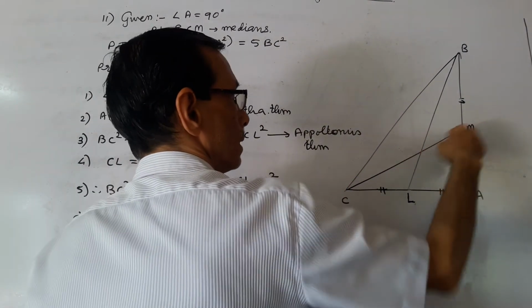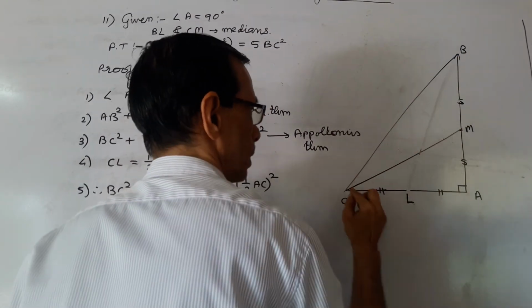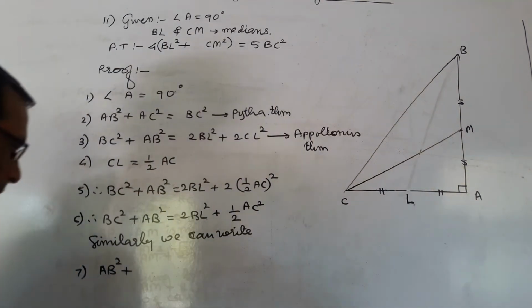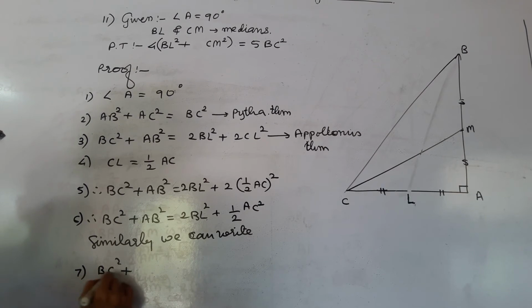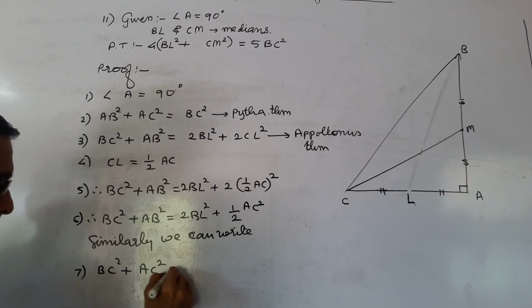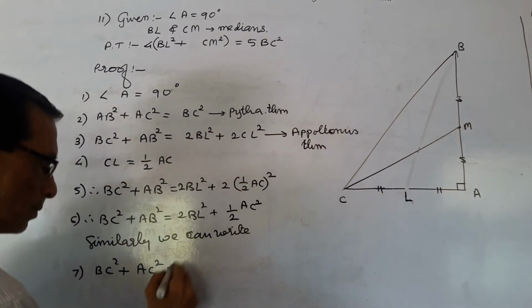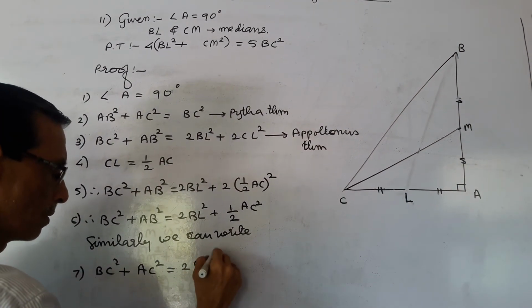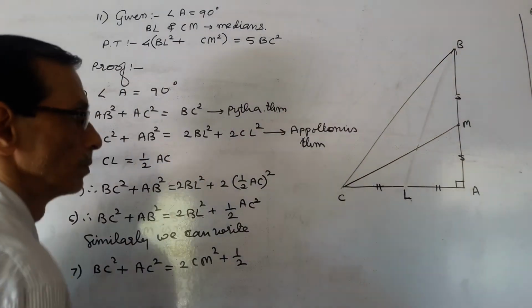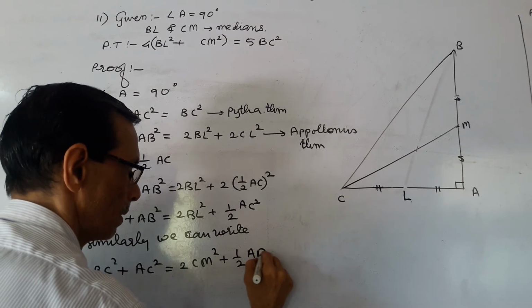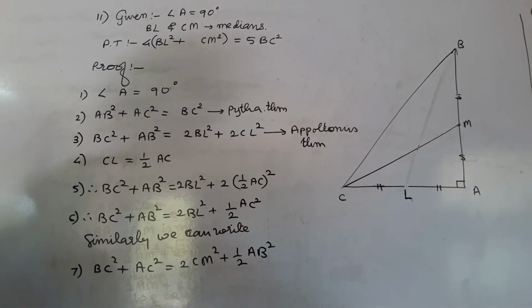If CM is a median, then BC square plus AC square is equal to 2CM square plus half AB square. Okay, let's add 6 and 7.